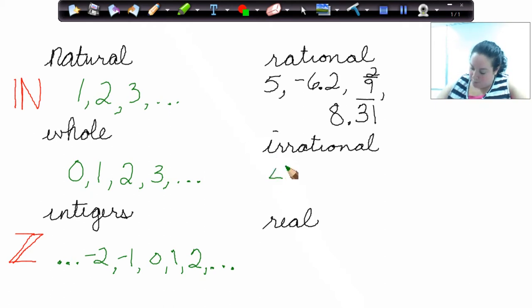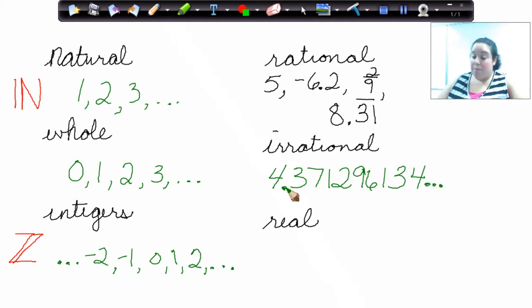For example, let's say you have 4.33712961243 4, and it just keeps going, and it never repeats and never ends. This would be an irrational number.